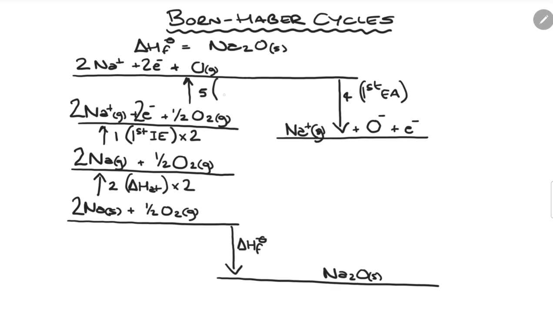And equation number 5 was the atomization, assuming we're using an atomization value for oxygen. If you remember, if we got bond dissociation energy, we'd have divided that by 2. So now we've done that.